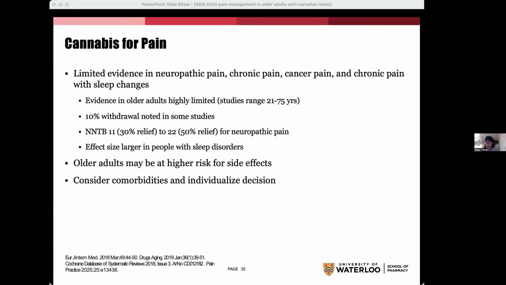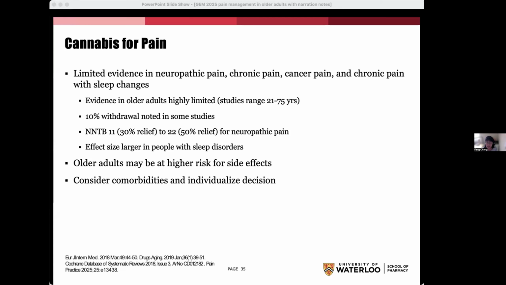It's not a lot of data, but what they showed was that cannabinoids decrease pain by about 50%, but there is still a 10% withdrawal because of side effects. So it's not completely side effect free. And keep in mind that a lot of these studies are sponsored by the cannabinoid industry, so there's a degree of bias that may exist.